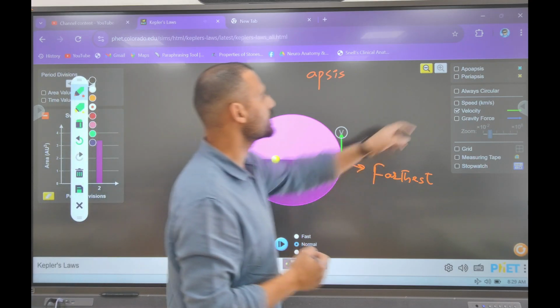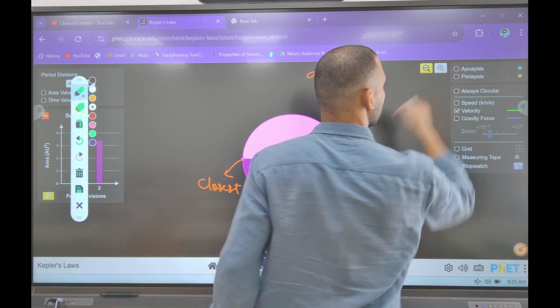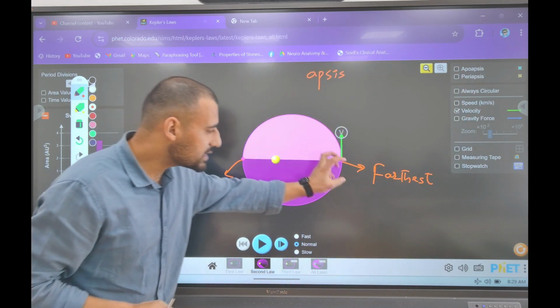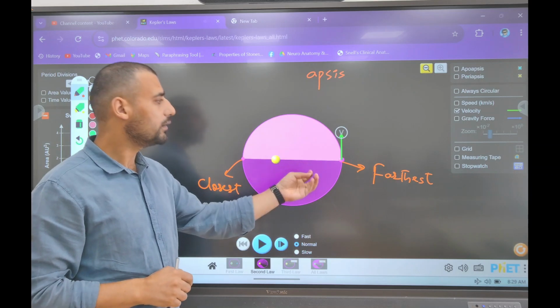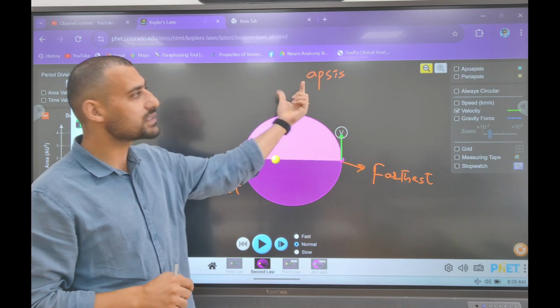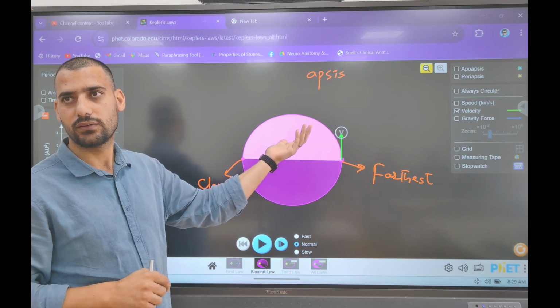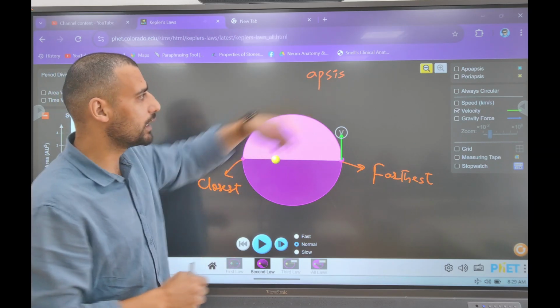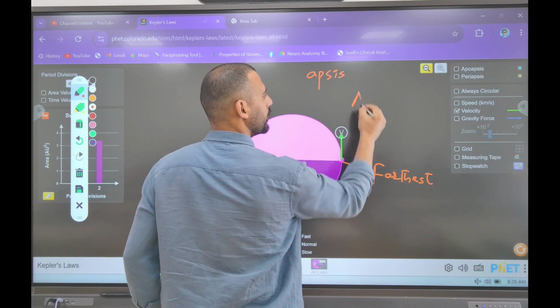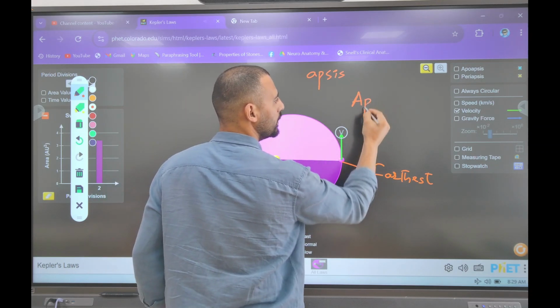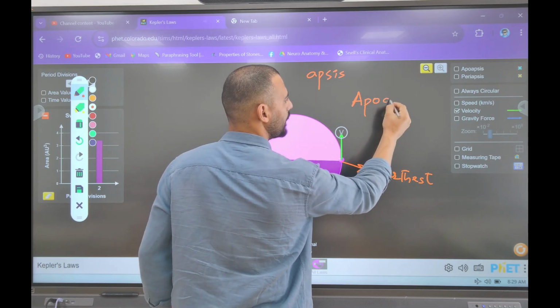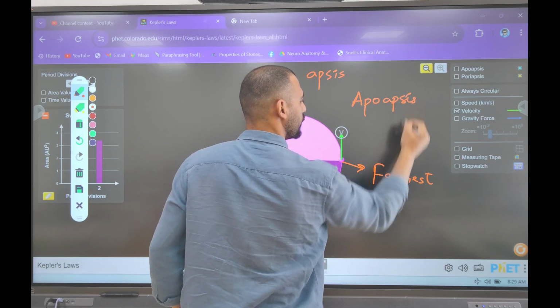When it is the farthest, we call this apsis the apoapsis. So remember, it is apoapsis for the farthest.